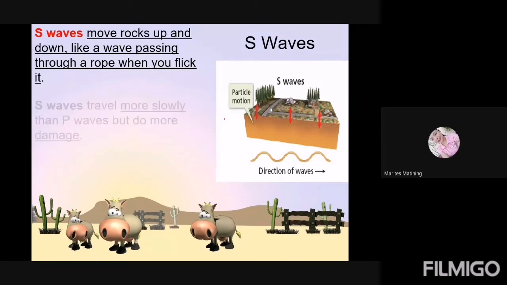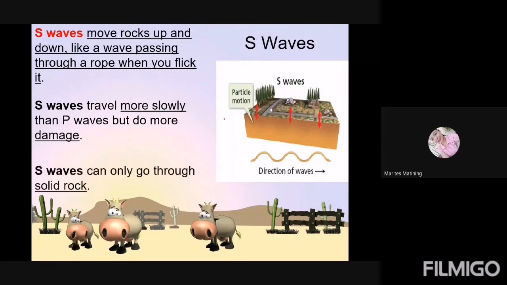S waves travel more slowly than P waves but do more damage. Kung titingnan natin yung kanilang speed, P waves travel faster than S waves. Mas mabagal si S waves. Pero in terms of the damage done, mas maraming damage yung nagagawa ni S waves kesa kay P waves.